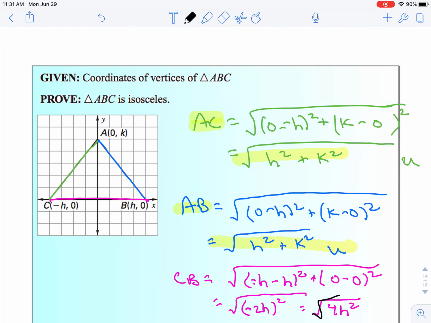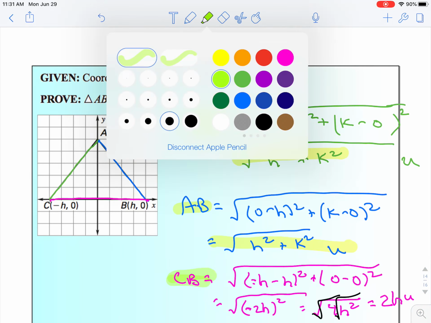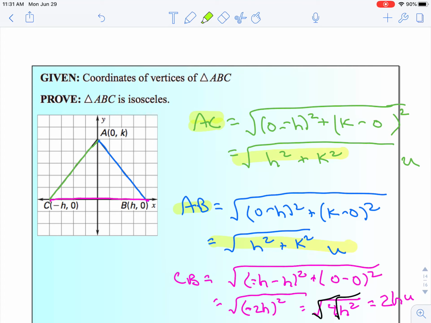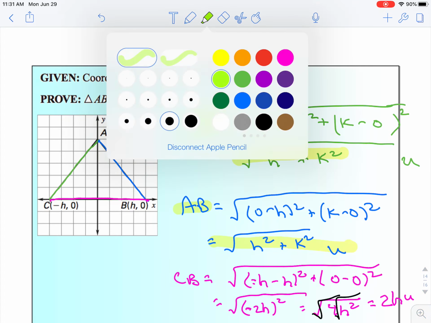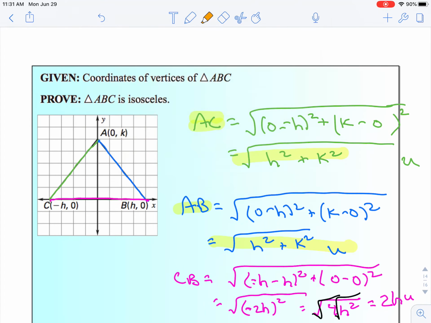Now using the product property, I can take the square root of 4 and the square root of h squared separately. So what I actually get for this is 2h units. And so CB is not the same. CB right here, let's use a little bit different color. Hopefully this one will show up better. So CB is 2h units.